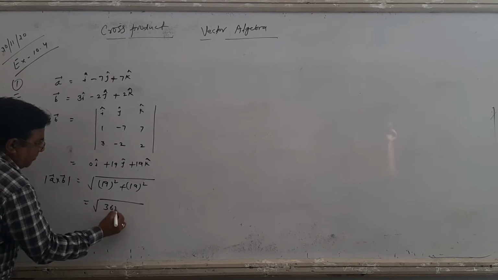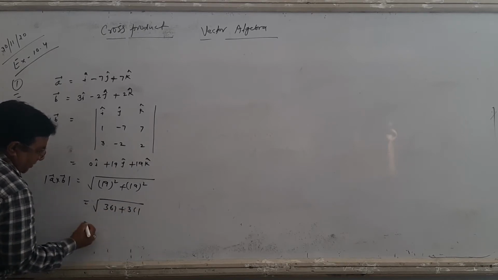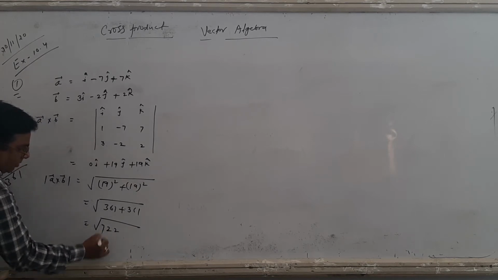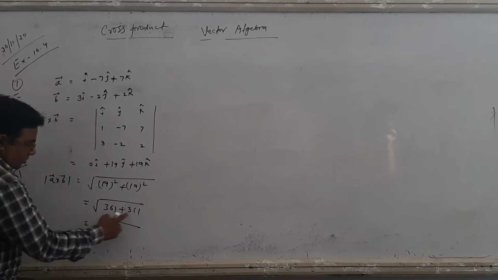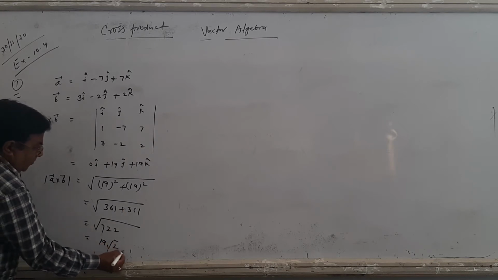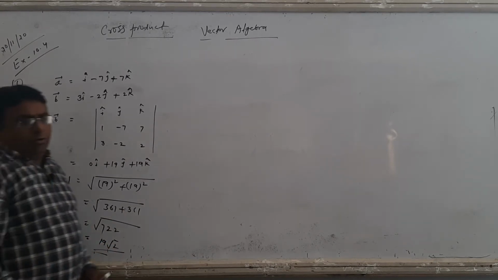So 361 plus 361 is 722. Then it is 19 root 2. This is the magnitude of A cross B.